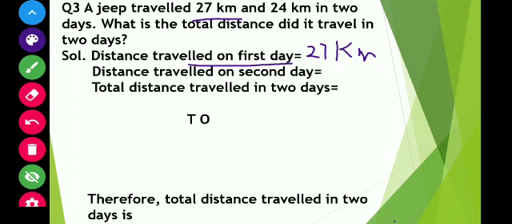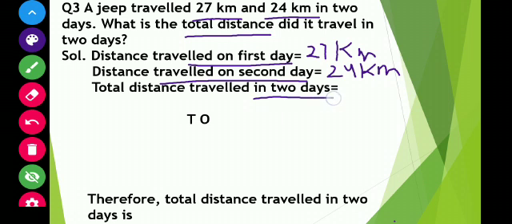After that, the second information which you can see in the question: distance traveled on second day is equal to 24. On the second day the jeep traveled how many kilometers? 24 kilometers. Now what do you have to find out? The total distance. You have to find out the total distance traveled in 2 days.